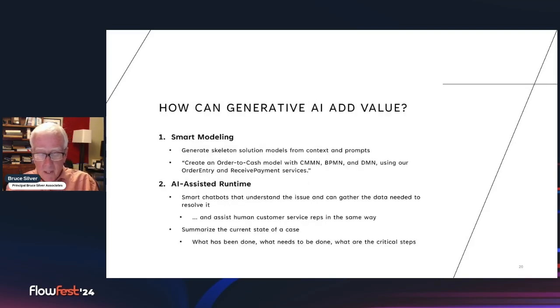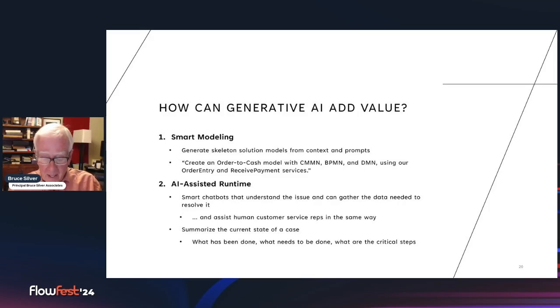Okay, so these standards are 8 to 14 years old, not new. And today, all the excitement is about something totally different, generative AI.